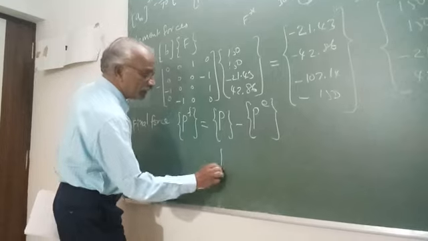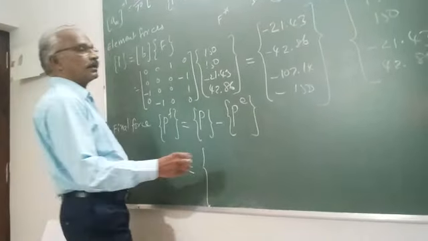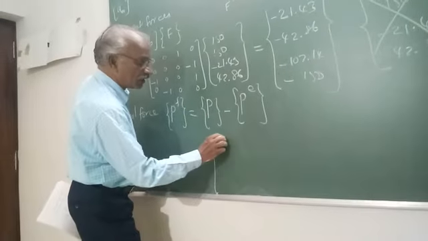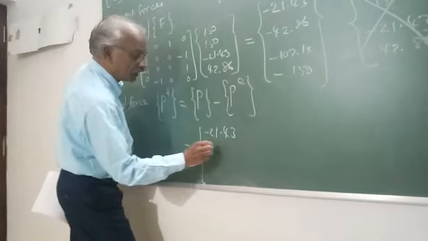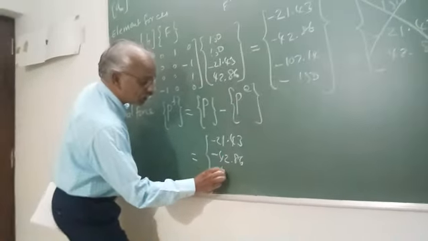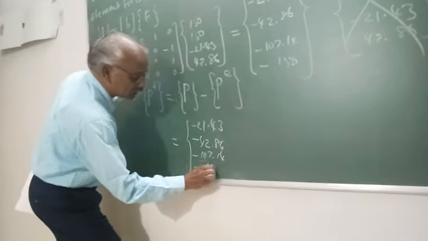So P is equal to this value, namely 150. Not this value. 21.43 minus 21.43 minus 42.86 minus 107.14 minus 150.